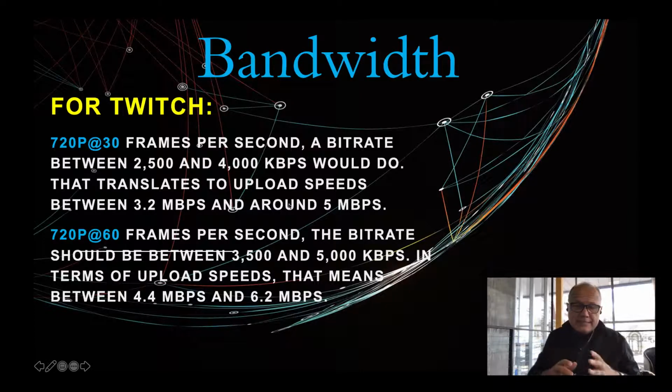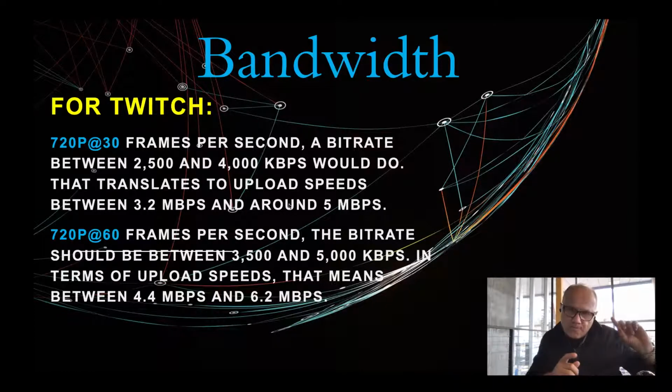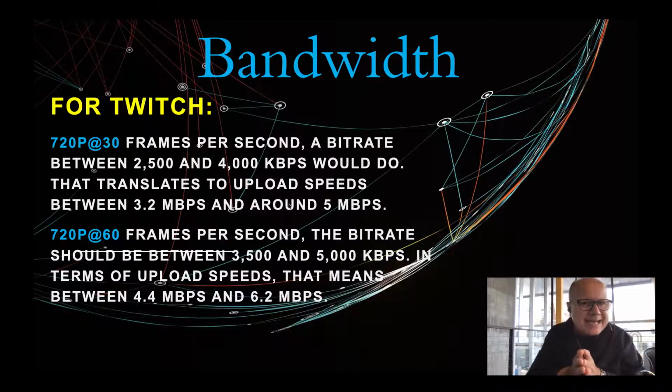Because remember, when I did the computation for Facebook at 720 with a 50% buffer, that gave me the 6 megabits per second. Twitch doesn't require that much, and Twitch on their numbers has not given you a 50% buffer, but a 40% buffer. And in reality, a 40% buffer will work. I just like a little bit more.